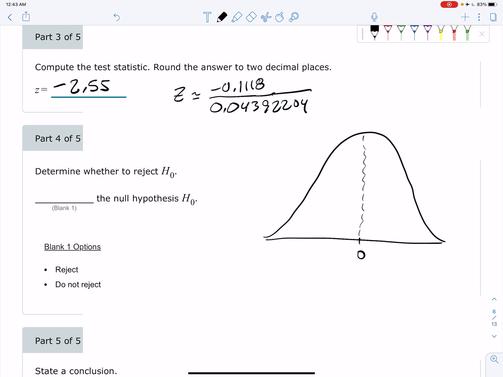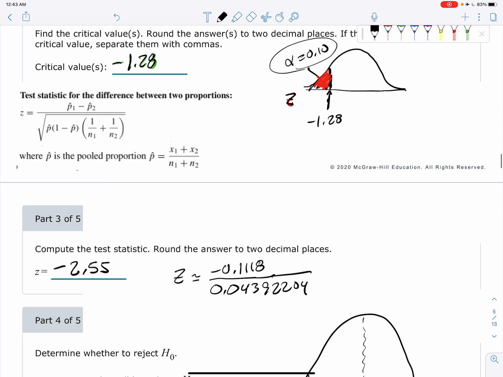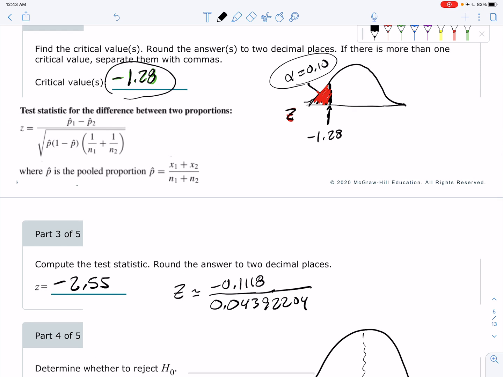We already found out that our critical value is to the left, it's negative 2.55. I'm sorry, that was our test statistic. What was our critical value? Critical value was negative 1.28.